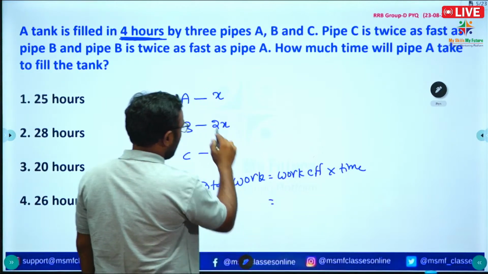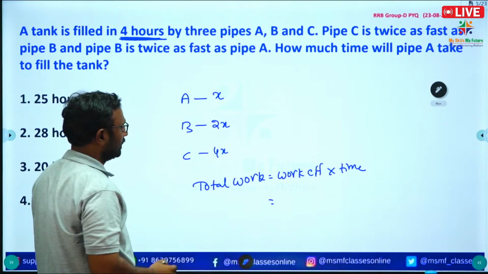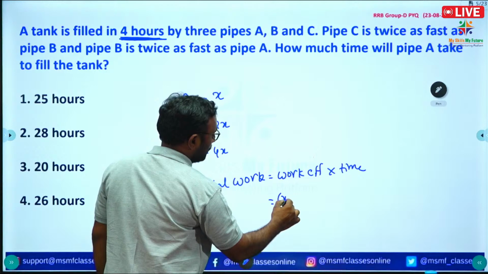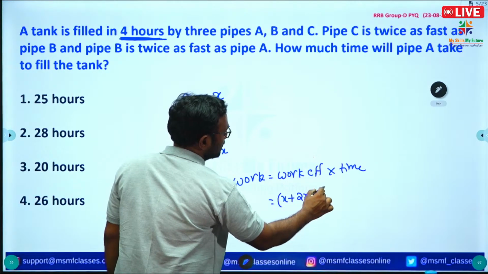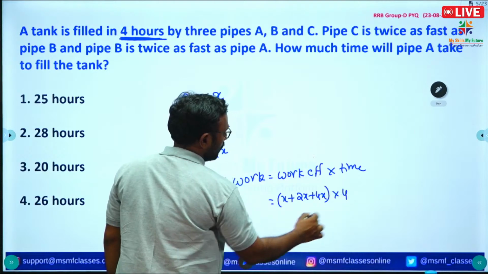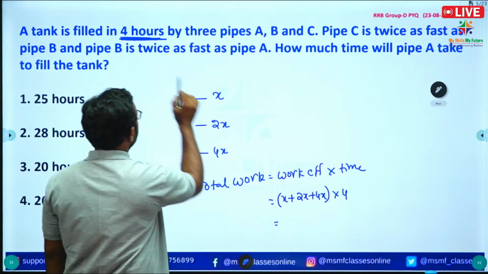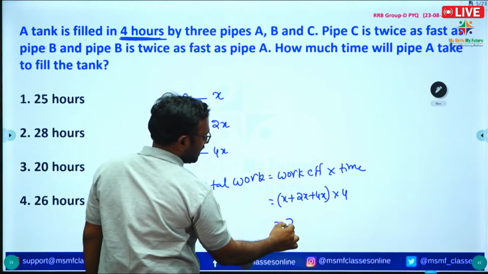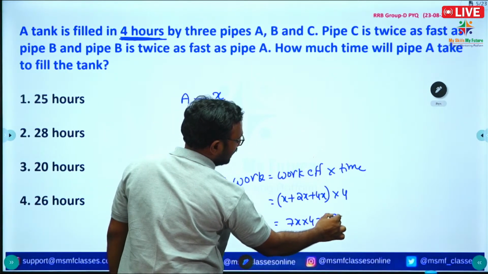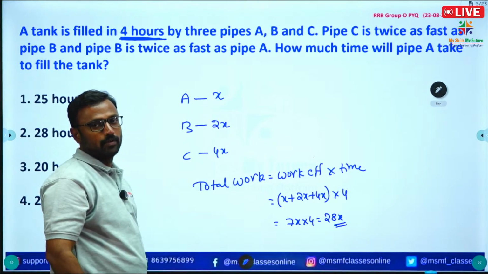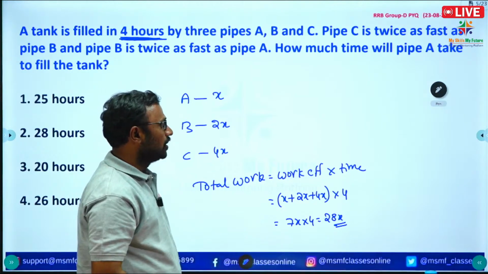Here all 3 pipes worked, means x plus 2x plus 4x into 4, as time is given as 4. So 7x into 4, we get 28x as the total work.